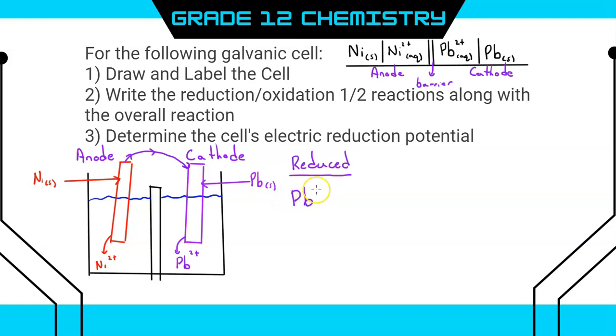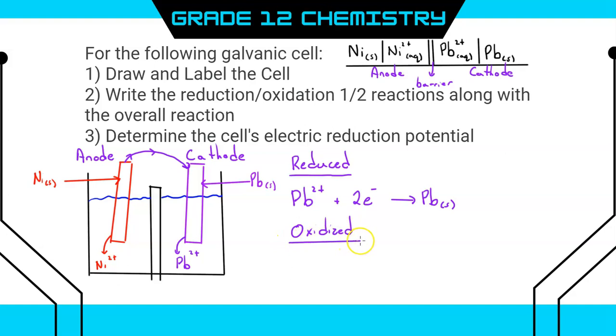So we have these lead ions, plus we have some electrons. In this case, we're going to need 2 electrons to give us our solid lead. So that's being reduced. Now, nickel is losing those electrons. So if we're losing electrons, we are being oxidized.